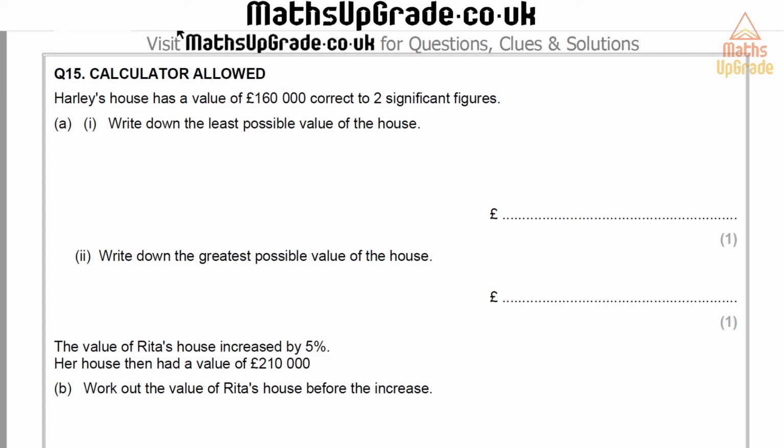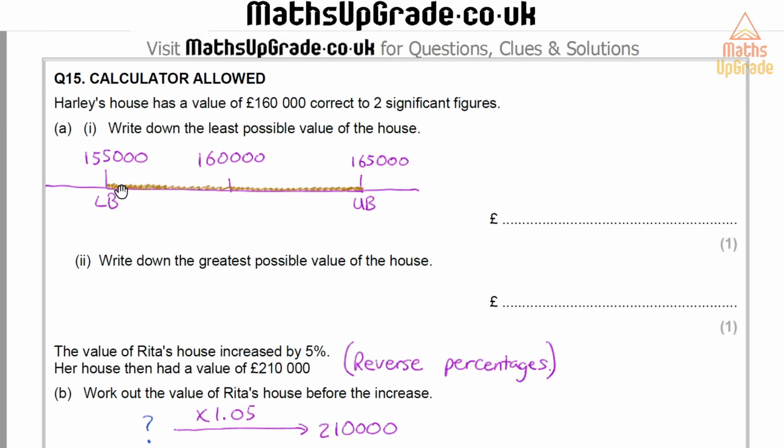With bounds, essentially I'm told this number has already been rounded. What could the lowest possible number have been before it was rounded, and what could the biggest possible number have been before it was rounded? So I'm just drawing here a number line to represent this number. So this is the rounded value. The greatest possible value it could have been, the upper bound, is 165,000, or actually just less than 165,000, and the least possible value is 155,000.